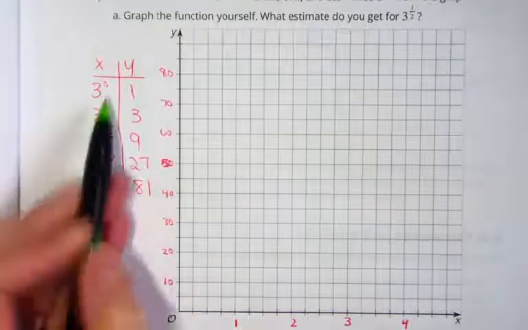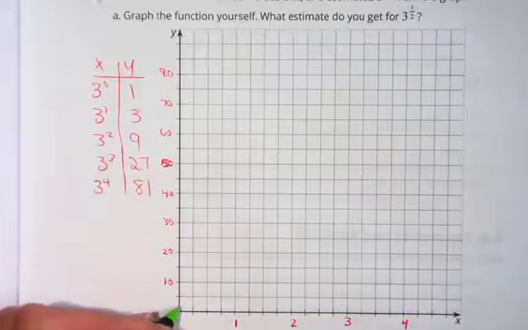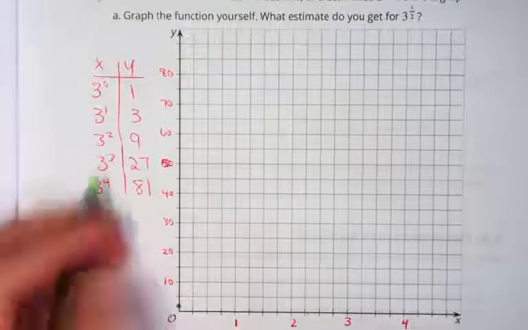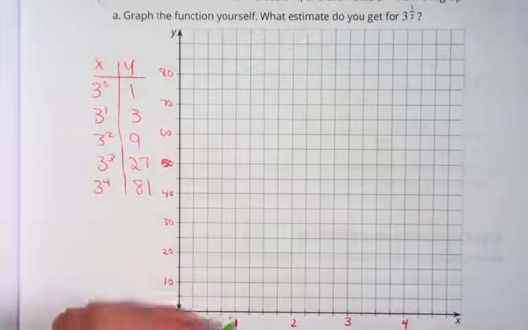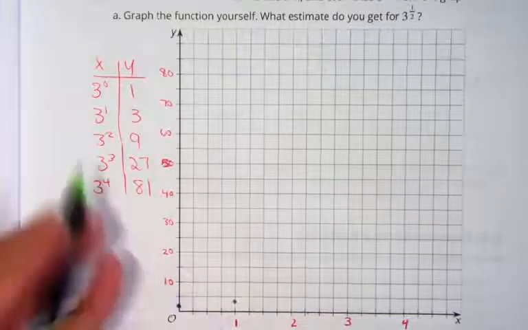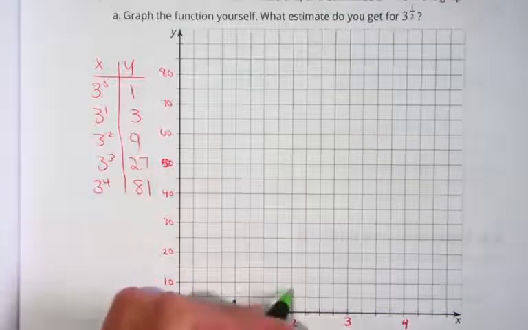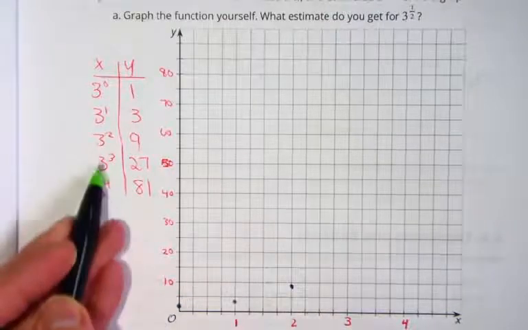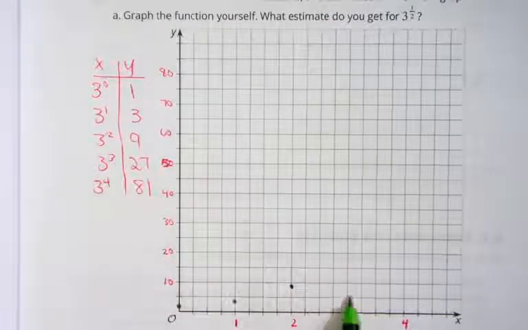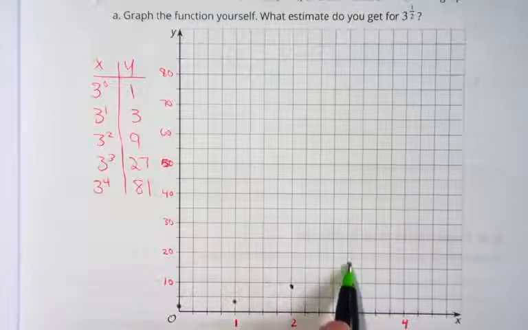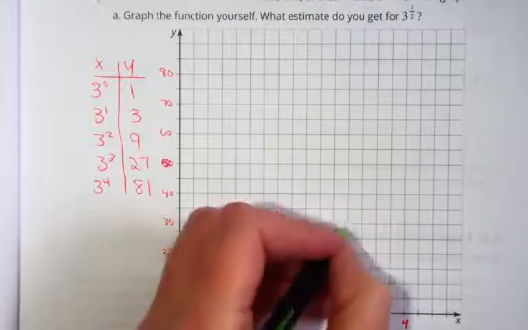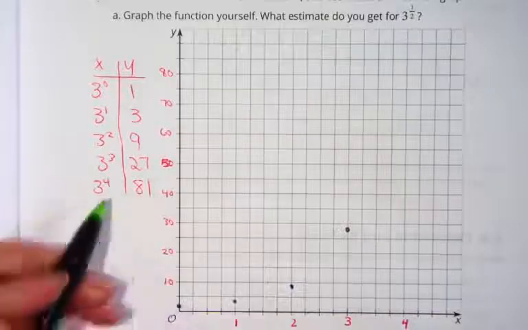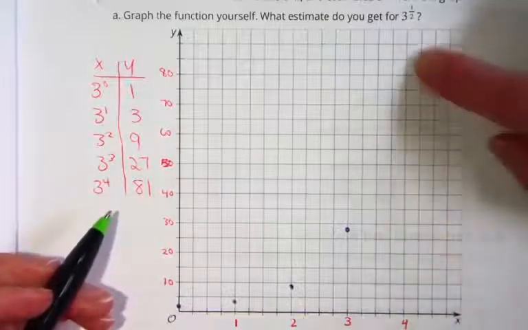And now we can graph it. 3 to the 0 power was 1. 3 to the 1st power was 3. 3 to the 2nd power is 9, not quite up at 10. 3 to the 3rd power is up at 27. 3 to the 4th power was way up here at 81.